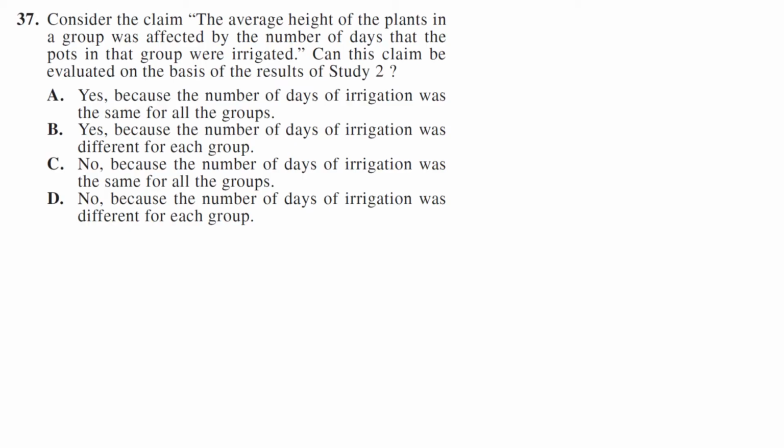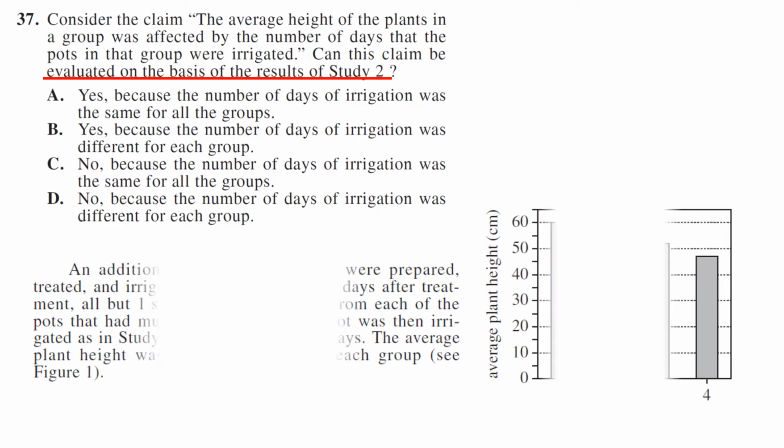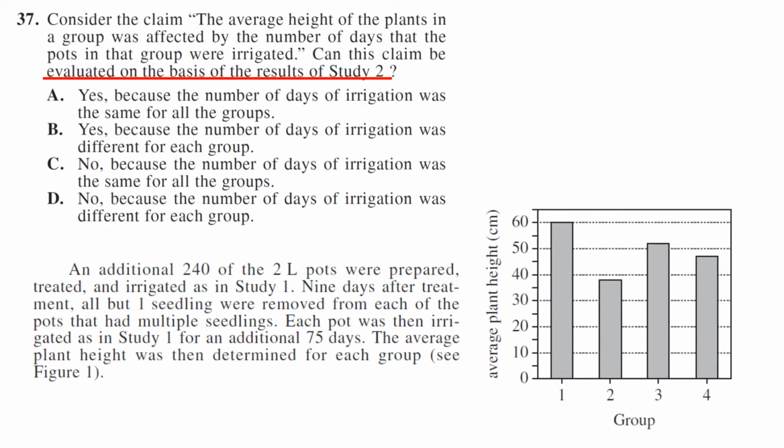Consider the claim the average height of the plants in a group was affected by the number of days that the pots in the group were irrigated. Can this claim be evaluated on the basis of the results of study 2? So if we look at study 2, it tells us in the reading each pot was irrigated as in study 1 for an additional 75 days. They're all watered the same amount, same time.